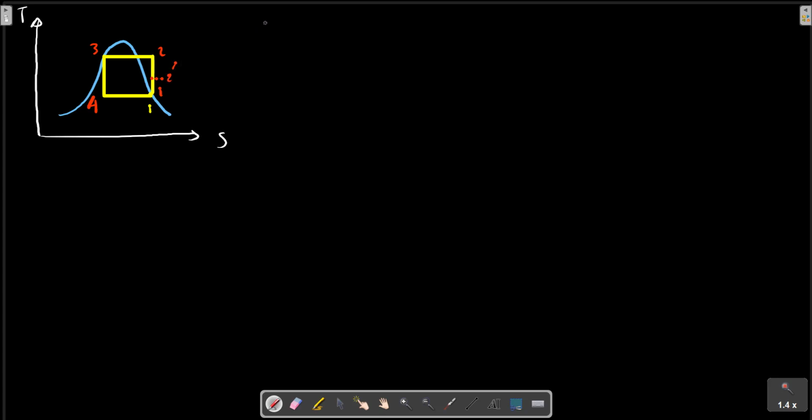We have S1 equals S2 equals S2 prime, superheated. We have S4, S3, and 2 is superheated.